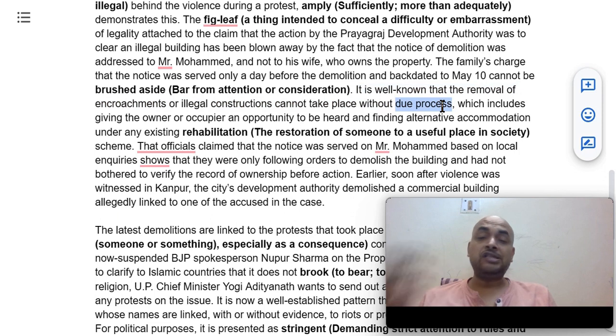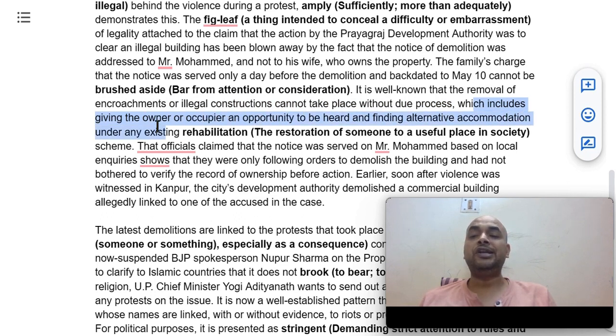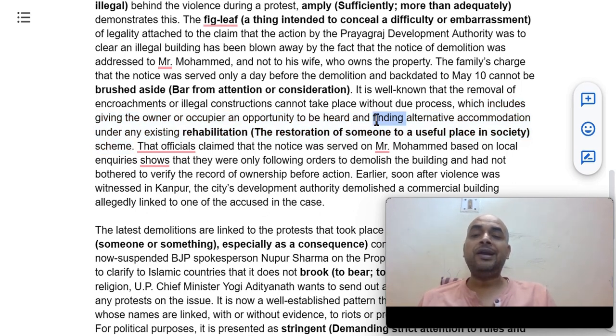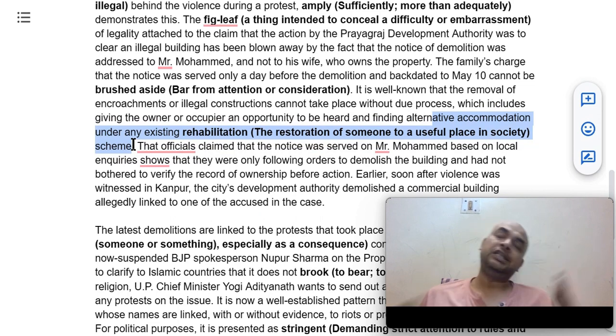And what does due process include? It includes giving the owner or occupier an opportunity to be heard and finding alternative accommodation under any existing rehabilitation scheme. That means the owner should be given a chance to say what he has to say about the building which is going to be taken down, and alternative accommodation should be found under any existing rehabilitation scheme. That means there are several rehabilitation schemes.